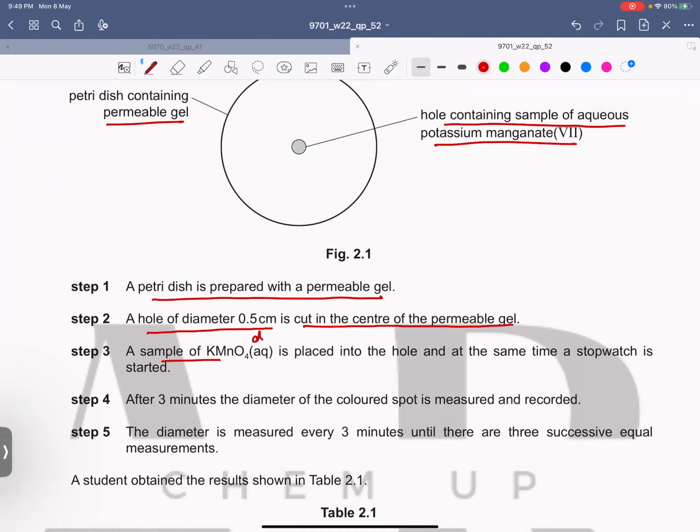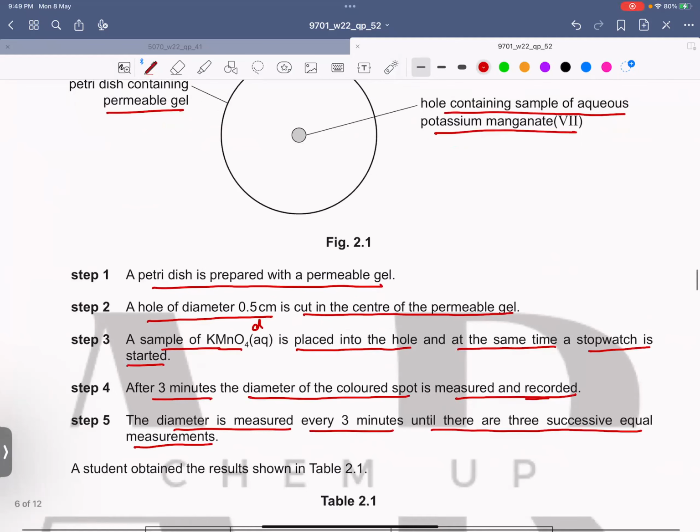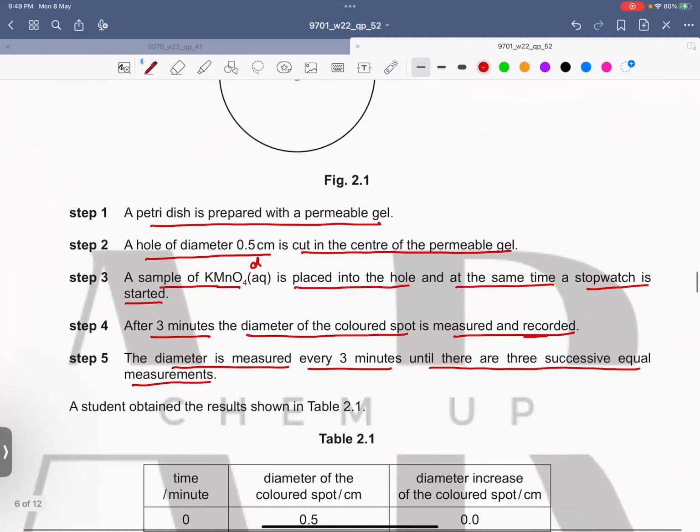A sample of aqueous potassium manganate is placed into the hole, and at the same time a stopwatch is started. After 3 minutes, the diameter of the colored spot is measured and recorded. The diameter is measured every 3 minutes until there are 3 successive equal measurements.